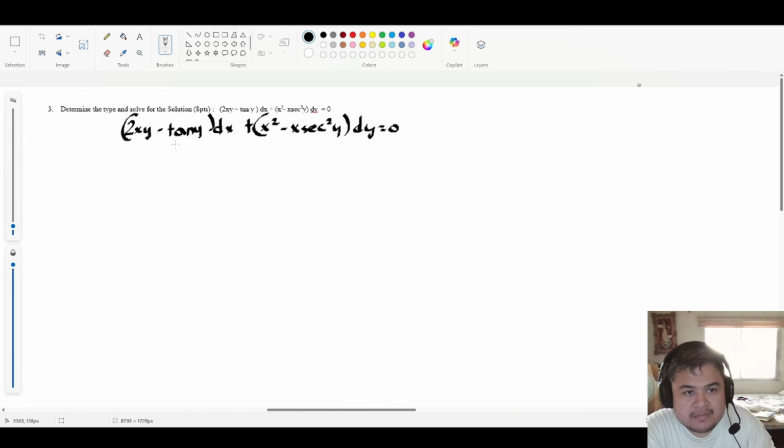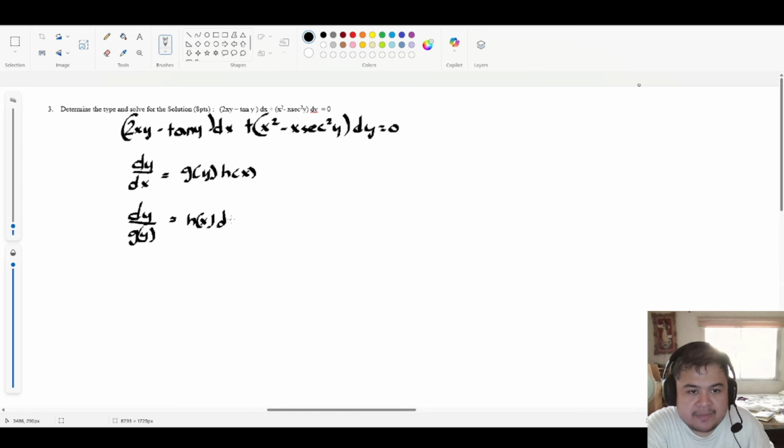We're going to try separable first. The idea for separable is that there are functions g of y and h of x in your equation that can be separated. I divide the equation by g of y and multiply it by dx.